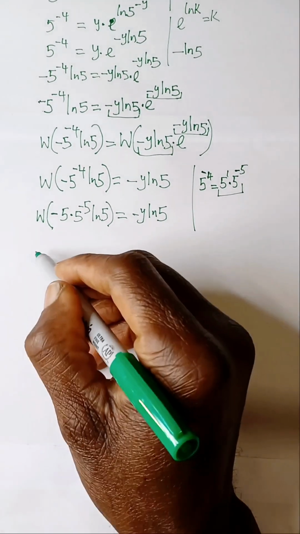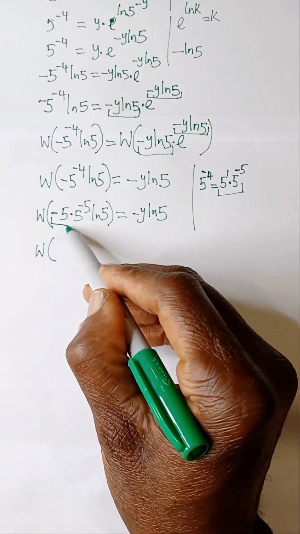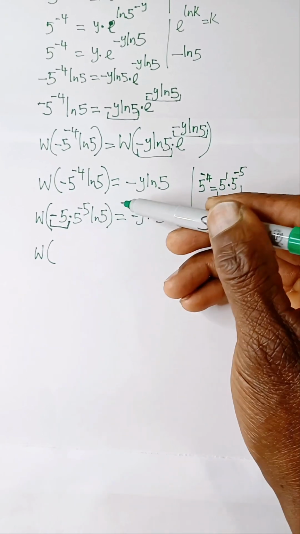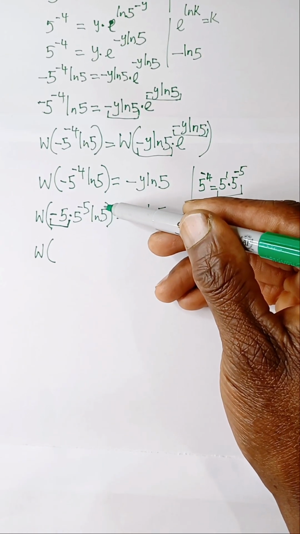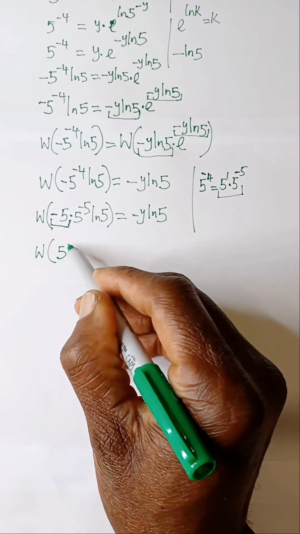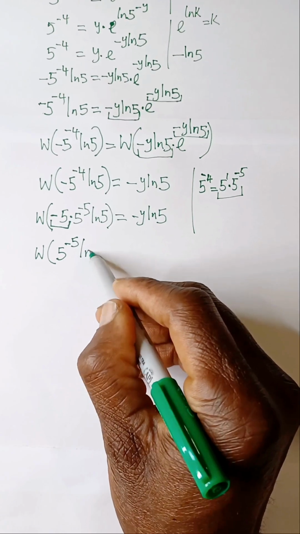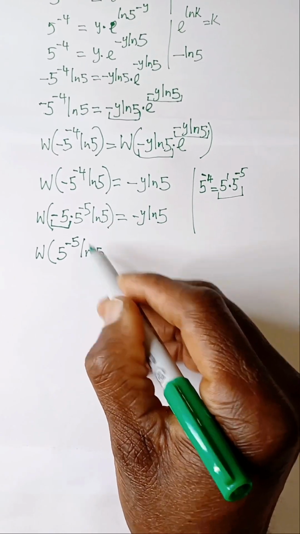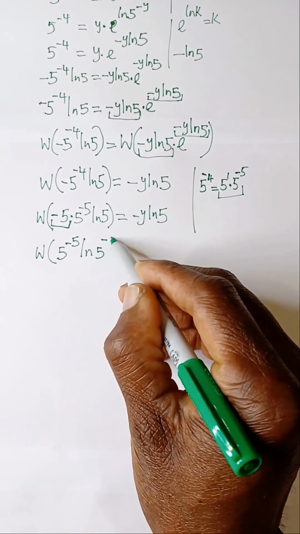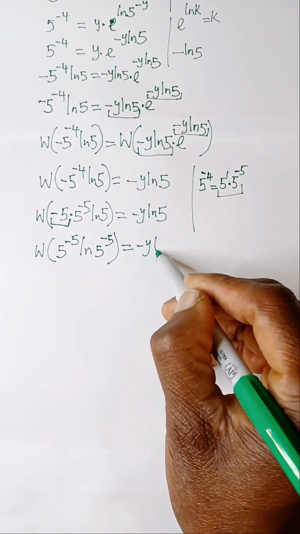We are going to move this minus 5 to become an exponent of 5. So here we are going to have 5 raised to the power of minus 5 times the natural log of 5 raised to the power of minus 5 is equal to minus y times the natural log of 5.